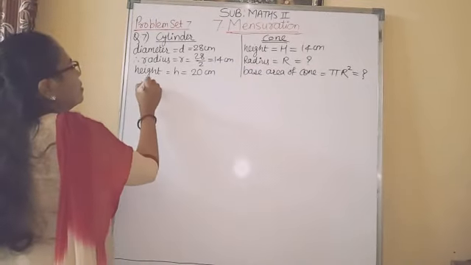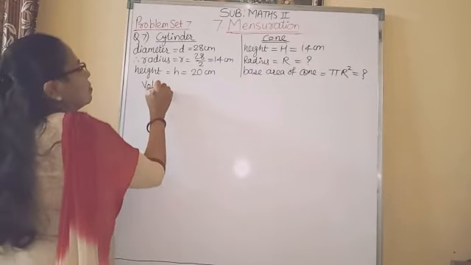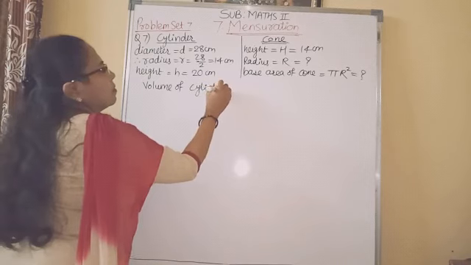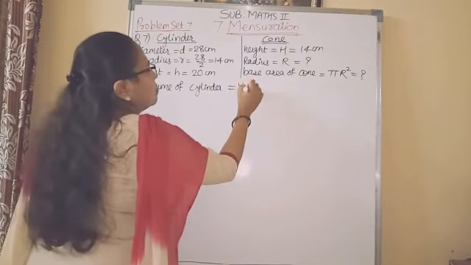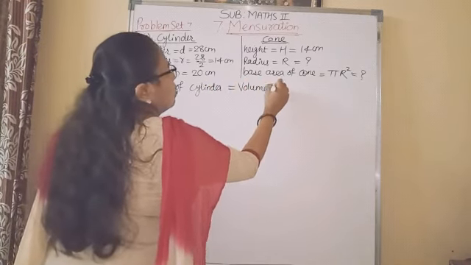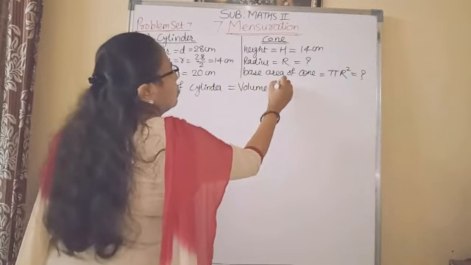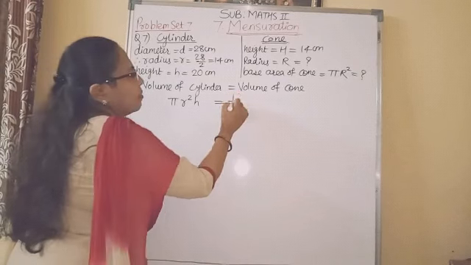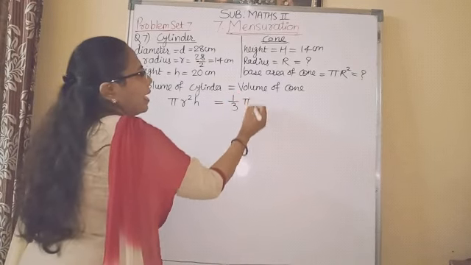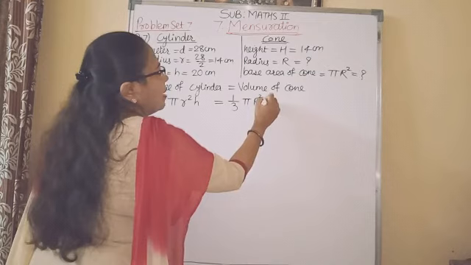So here, volume of cylinder is equal to volume of cone. Volume of cylinder formula is pi r square h. Volume of cone is 1/3 pi r square h.